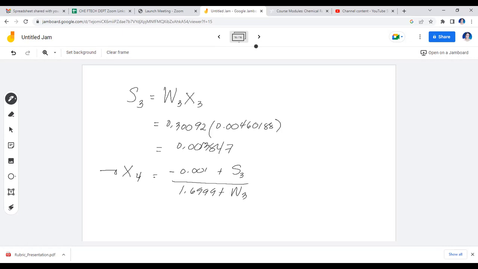You're going to get an answer here if you substitute negative 0.001 plus 0.00138847. We divide by 1.6999 plus omega 3, which is 0.30092.